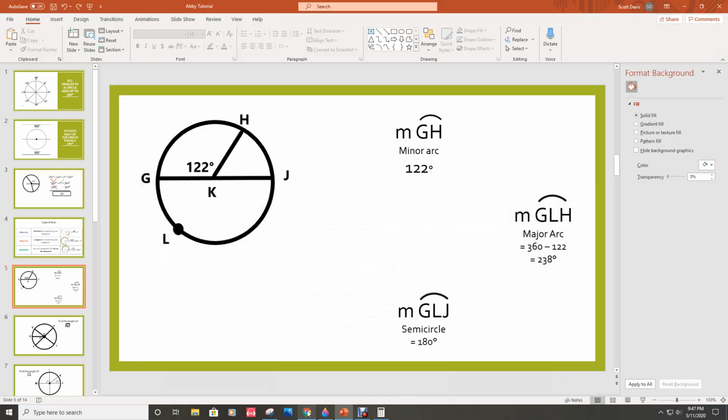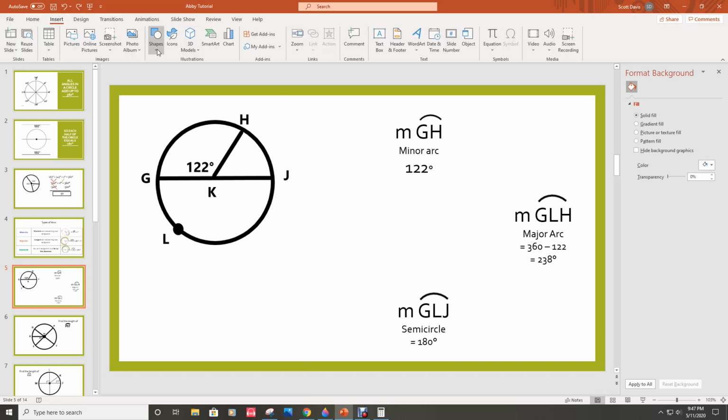GLH, GLJ, GLJ. Okay, I'm good. So we are going to be following the measurement to try and find the arc length of GLJ.